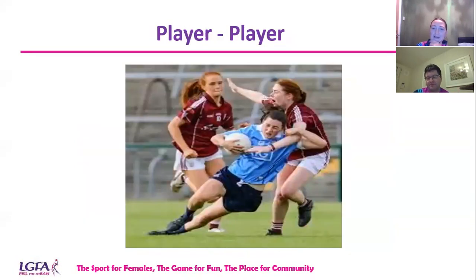Yeah, it's definitely one that happens, and it probably leads us into this one that we were talking about, player on player. There is conflict, and it's up to the referee to deal with that, and that's what we were just speaking about.